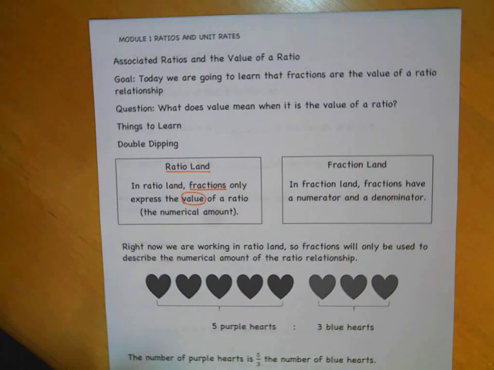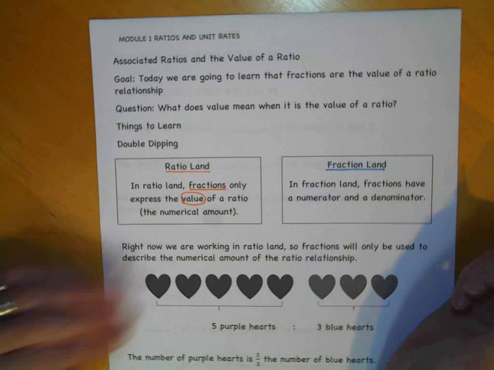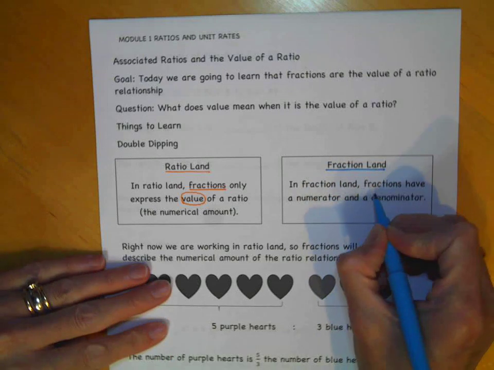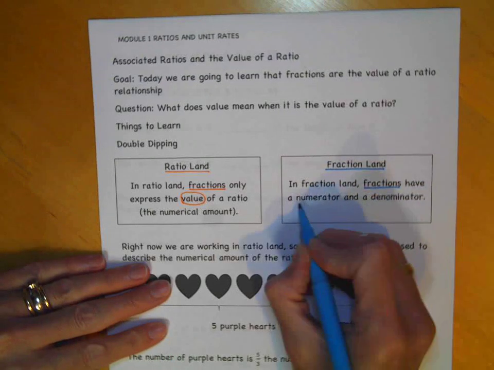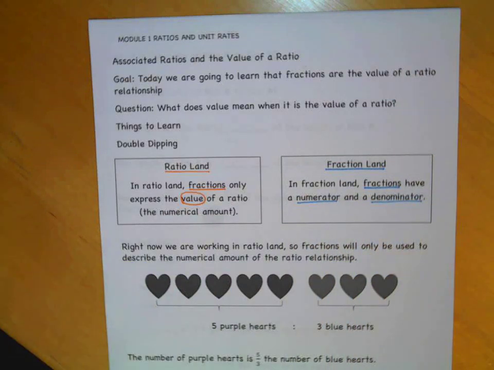But in fraction land, when you're working with fractions, notice the play on words, you should like that. In fraction land, fractions are used by having a numerator and a denominator. So they actually are telling you everything that's available. So they're two different things.